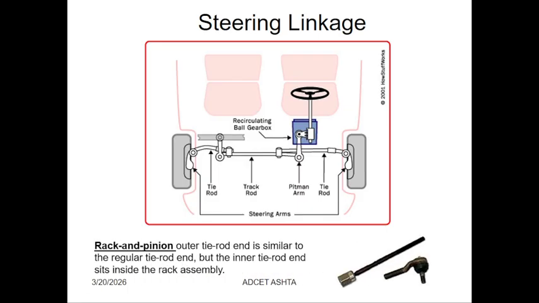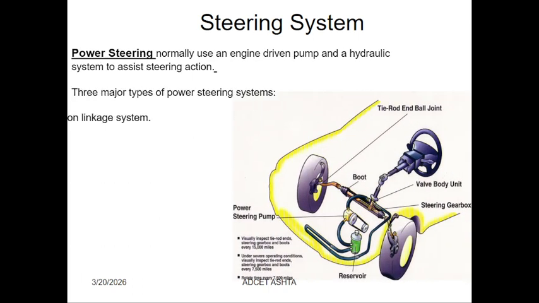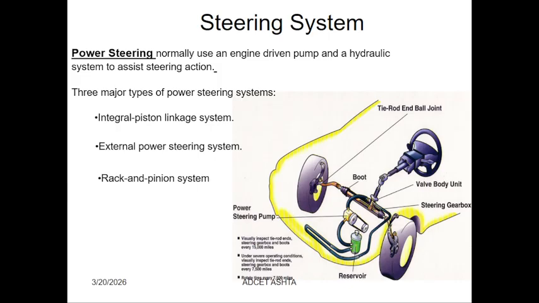The other part is rack and pinion. In rack and pinion, the outer tie rod end is similar to the angular tie rod end, but the inner tie rod end sits inside the rack and pinion assembly. We can apply this rack and pinion to power steering. Power steering normally uses engine-driven pumps as hydraulic systems to assist the steering action.